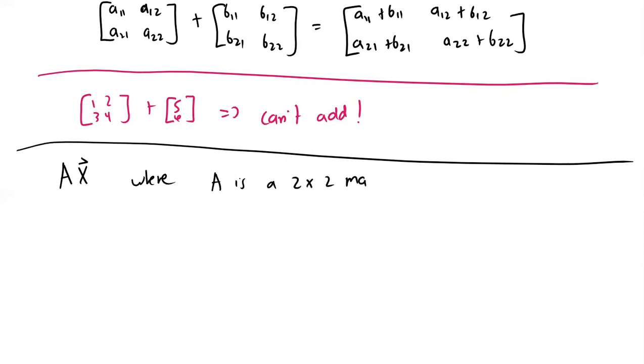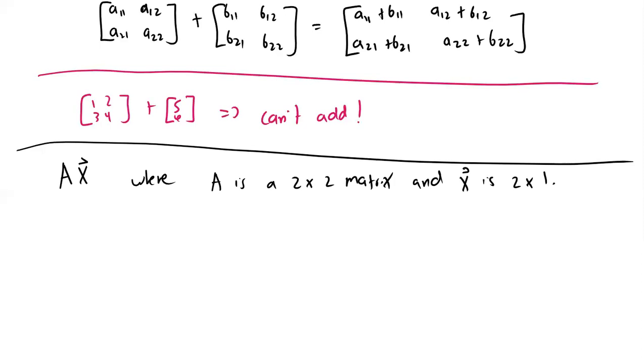And again, we're only going to do this by hand in the 2 by 2 case, and x is 2 by 1. So how do we calculate this product? Well, there's the formula. I'm going to do it first in a general sense with the formula, and then with specific numbers, and you'll see that it's very easy to do.